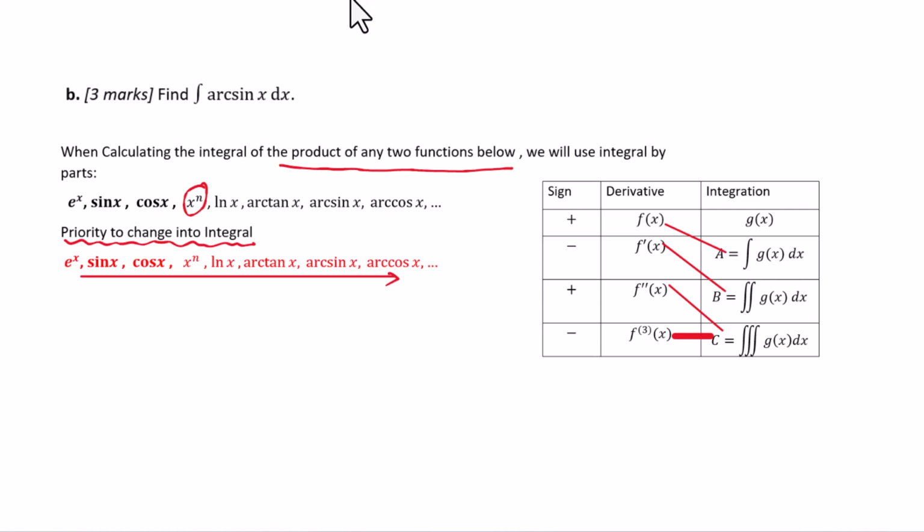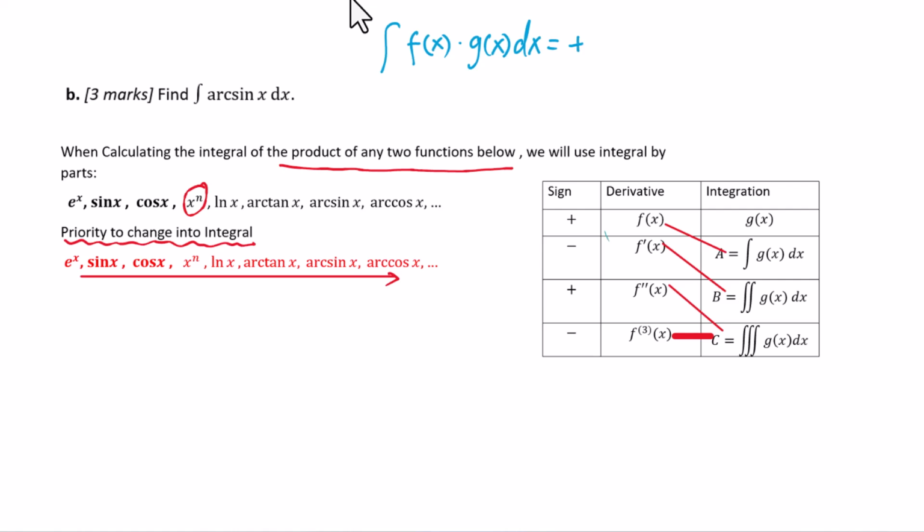Here is the tabular method, how to write down your answer. Integral of f of x, g of x, dx. We use the tabular method to get this. Then here's the way to write down your answer.